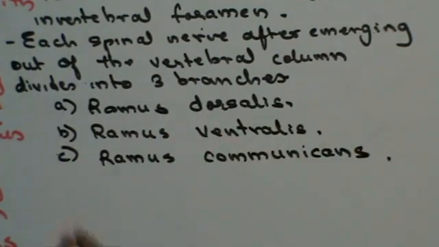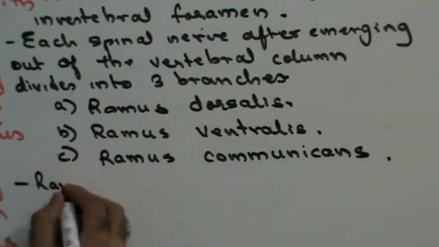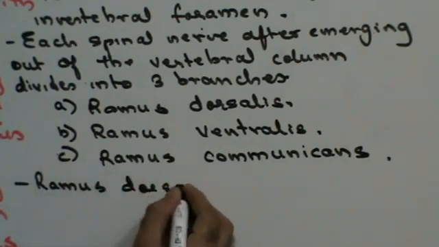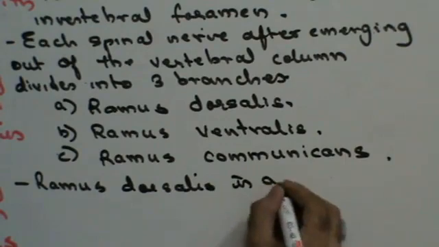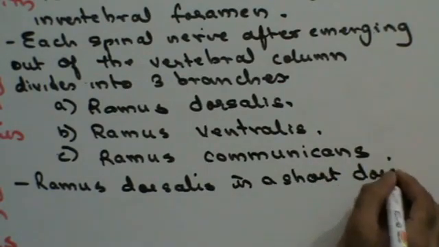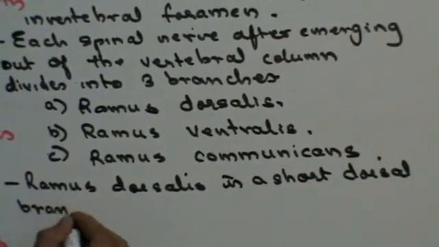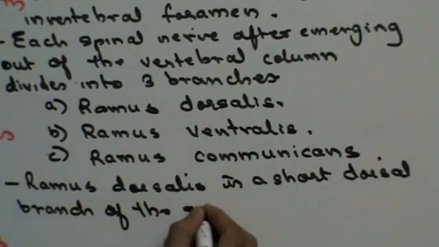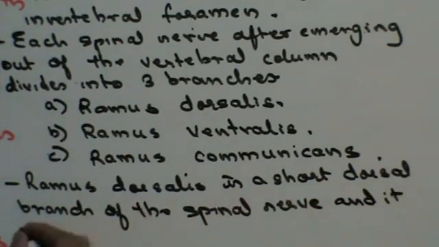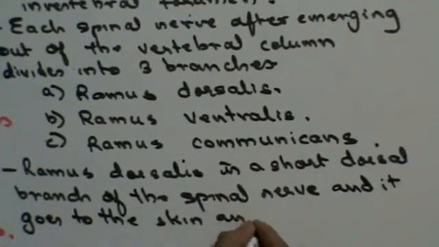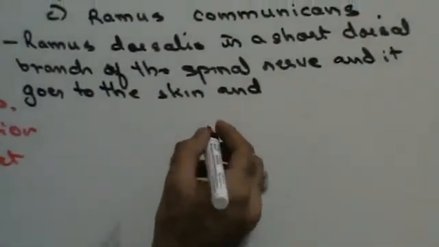Right? Now, the ramus dorsalis is a short dorsal branch of the spinal nerve, and it goes to the skin and muscles of the back.